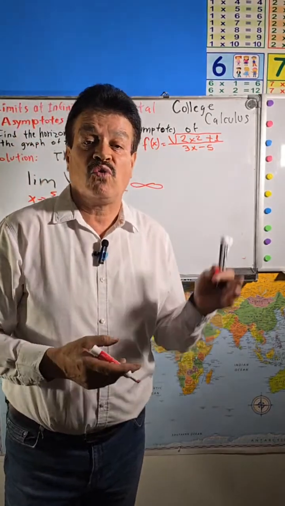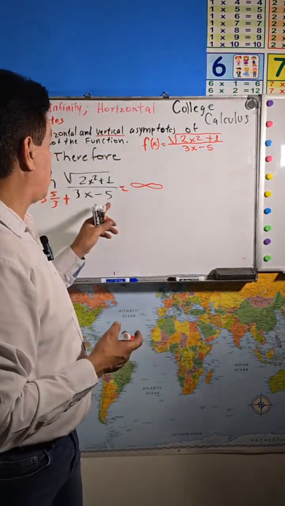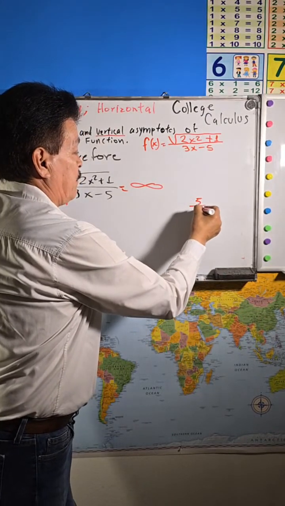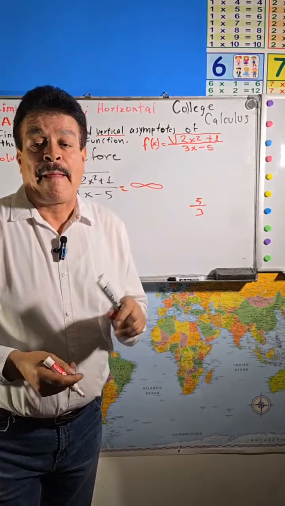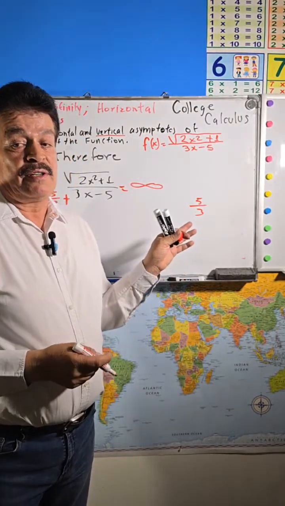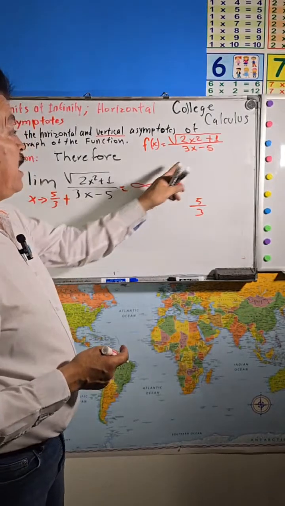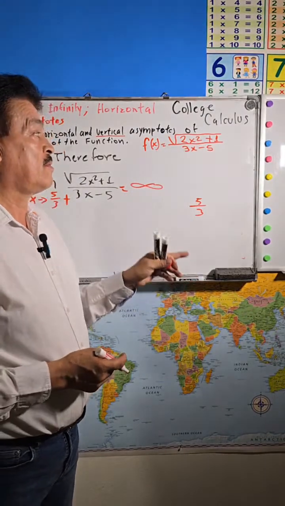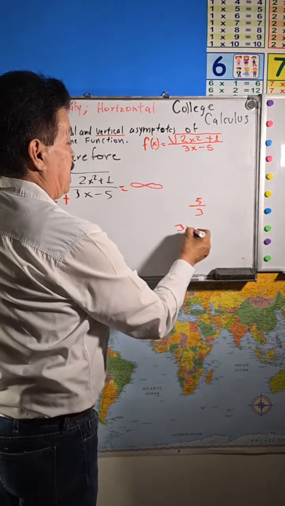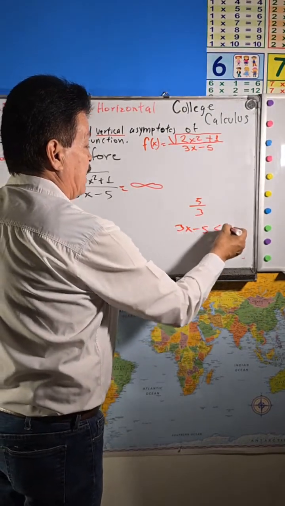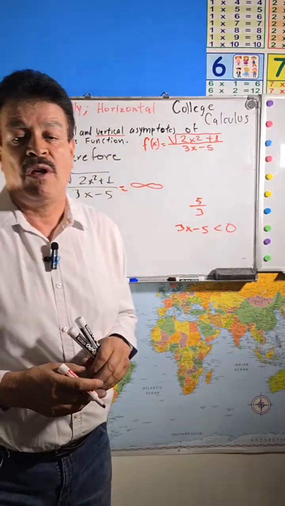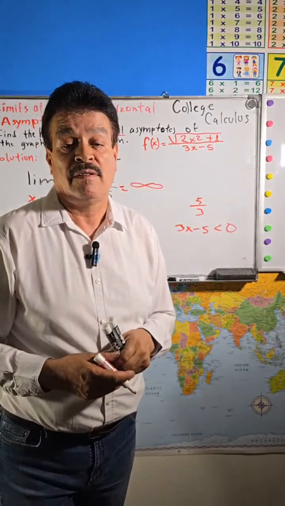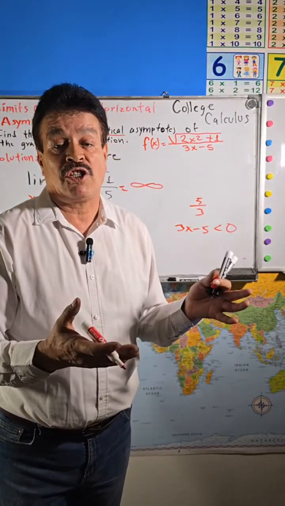If x is close to 5/3 but less than 5/3, then 3x minus 5 is less than 0. And so f(x) is large negative.